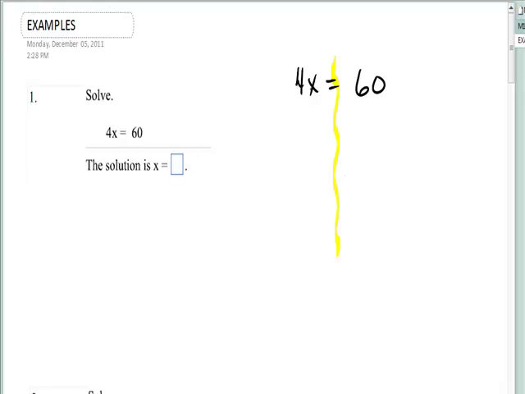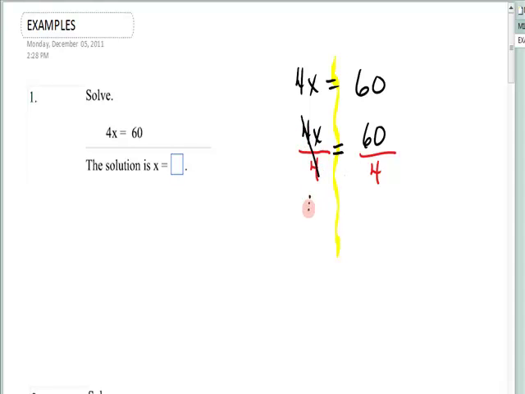And what is the inverse of multiplication? Well, the inverse of multiplication is division. So I will take 4x and I will divide it by this number 4. But if I do that to the left-hand side, then I'm going to have to take the right-hand side and divide it by 4. Well, what is 4 over 4?